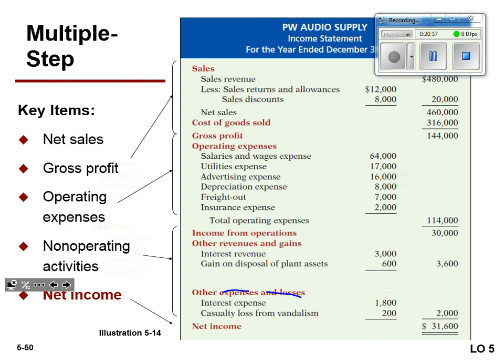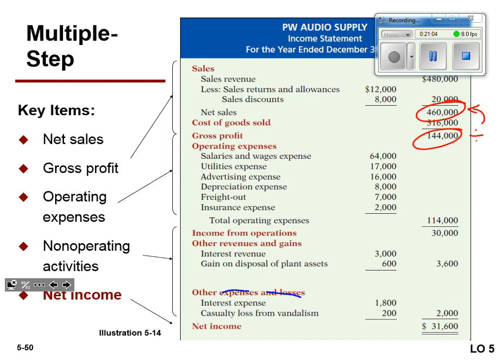If I go back out here, gross profit divided by net sales. Someone have a calculator handy? Take 144,000 divided by 460,000. I see a couple of you doing it.